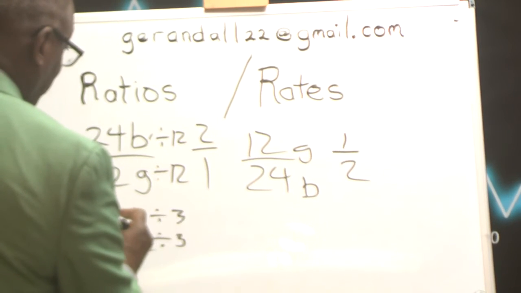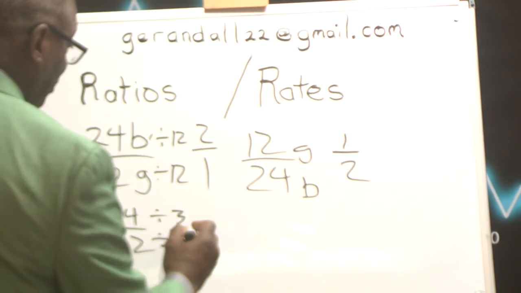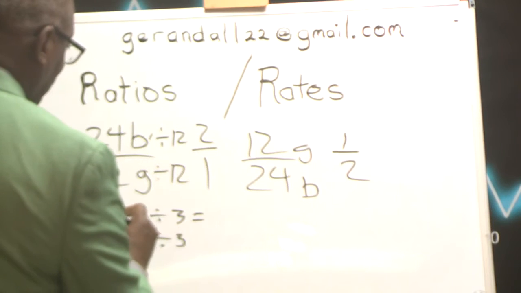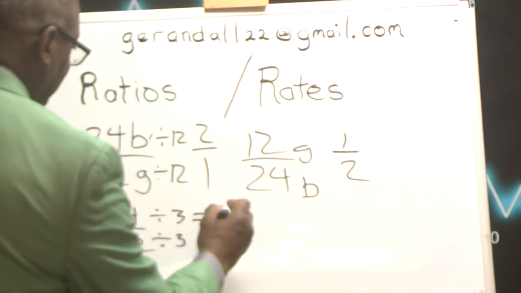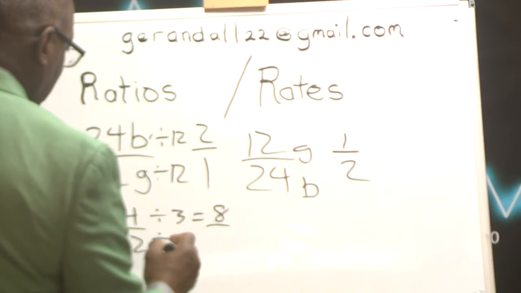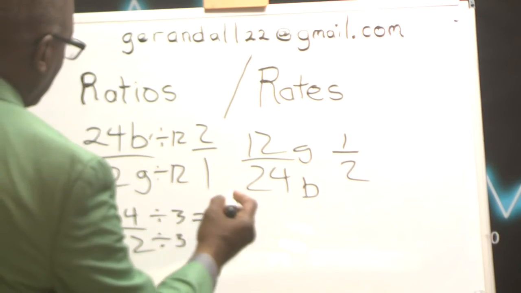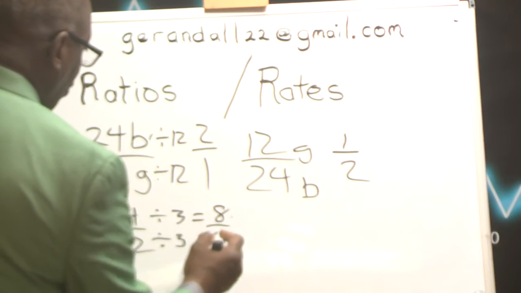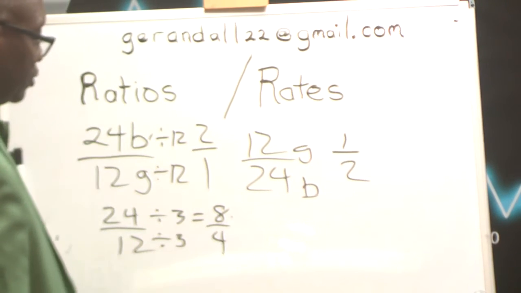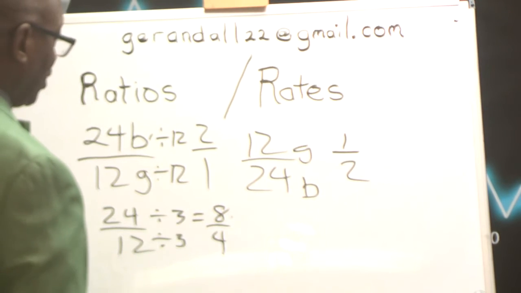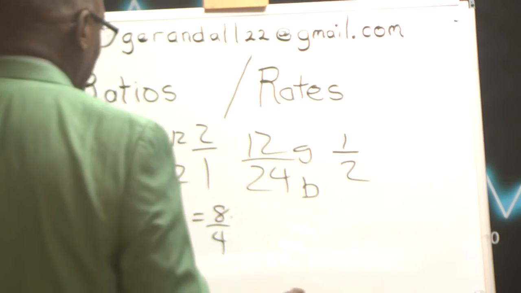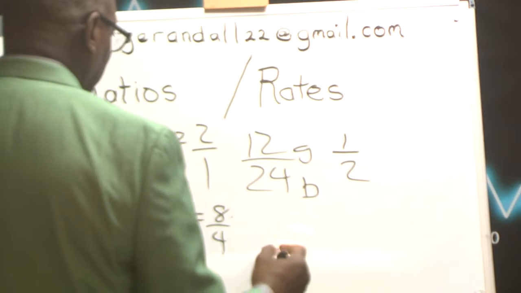Whatever you do to the numerator, you must do to the denominator. You've heard me say that. 24 divided by 3 is 8, and 12 divided by 3 is 4. For every 8 boys, there are 4 girls. That's a ratio. And guess what? When we get these all together, I'm going to show you something.